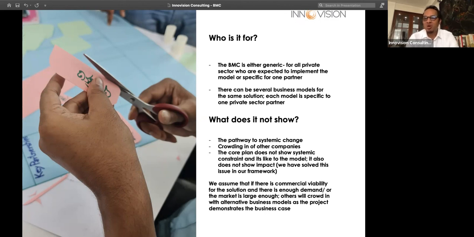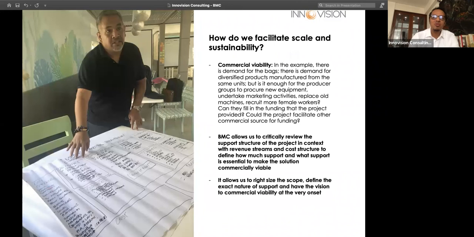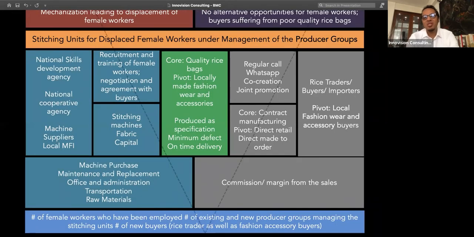Now, what does it not show? If you go back to the framework that I was showing you, here you can go up to the level of impact. But what about other companies also coming up? They will definitely pivot. They will probably add more to the same.